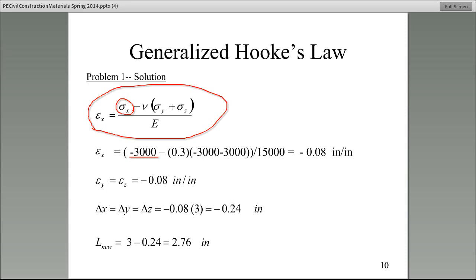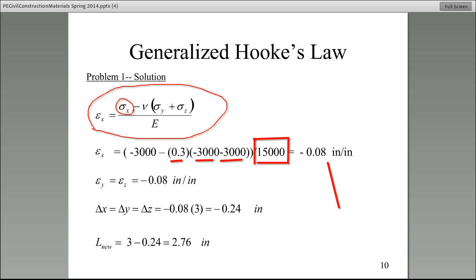It's a pressure vessel. And this 0.3 that you see is the Poisson's ratio, which was given. Then sigma y and sigma z both are minus 3,000. Now the whole thing is divided by 15,000. That is the modulus of elasticity, which was also given.